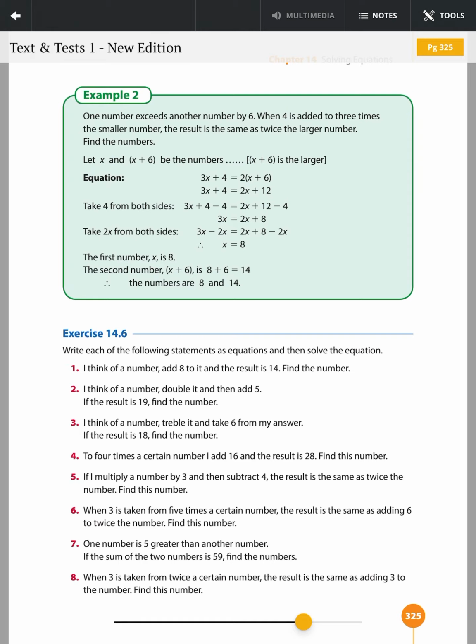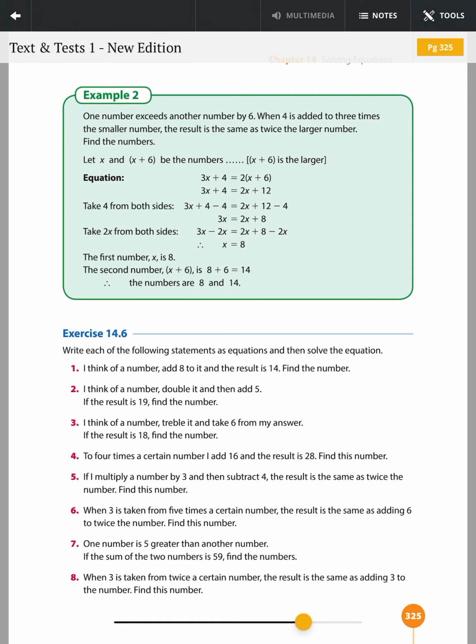So then you're going to have 4 plus 3x, or 3x plus 4. The result is the same as twice the larger number. So you have 3x plus 4 is equal to 2 times x plus 6, twice the larger number being x plus 6. And then you go away and you finish off your equations.